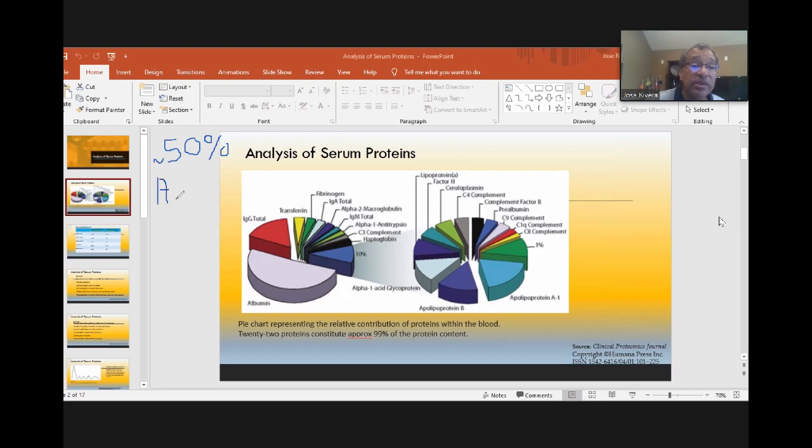What does albumin contribute to? You have essential things in the blood. You have white blood cells for the immune system. You have red blood cells that deliver oxygen. But in terms of the proteins, why is albumin so abundant? Do you guys have any idea?